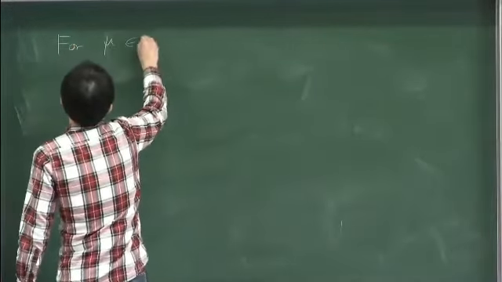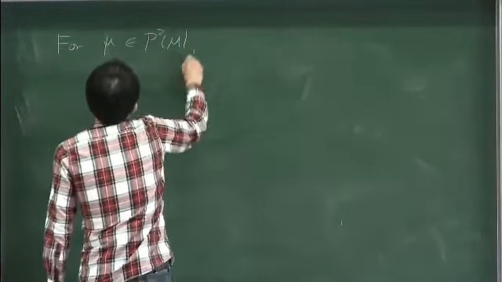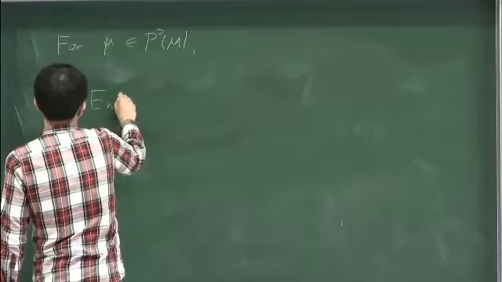Okay, and so we consider a function on this space. It's called the relative entropy.